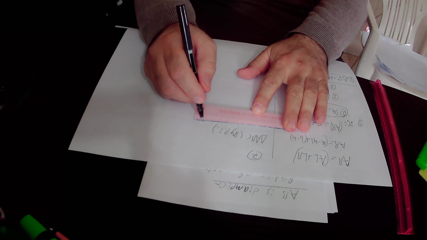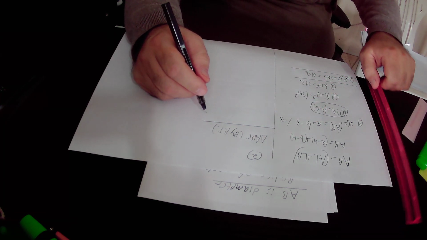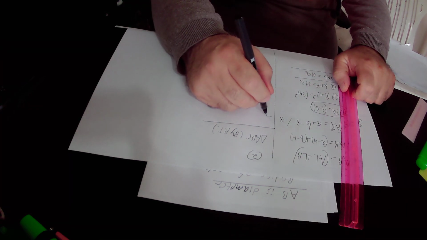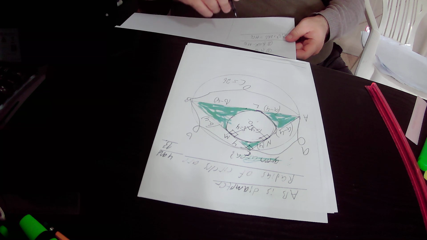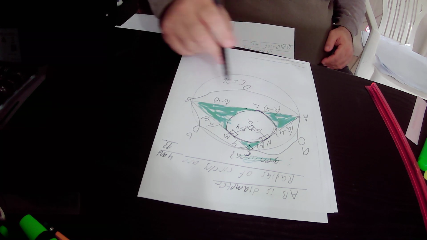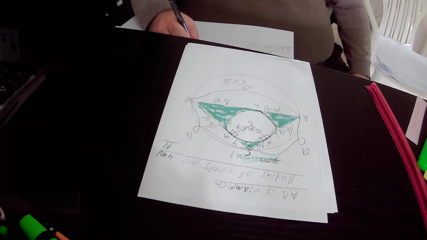According to the Pythagoras theorem, the square of the hypotenuse equals the sum of the squares of the perpendiculars. The hypotenuse of triangle ABC is AB, so the square of the hypotenuse is AB squared.